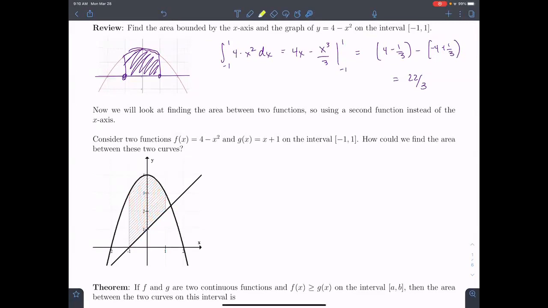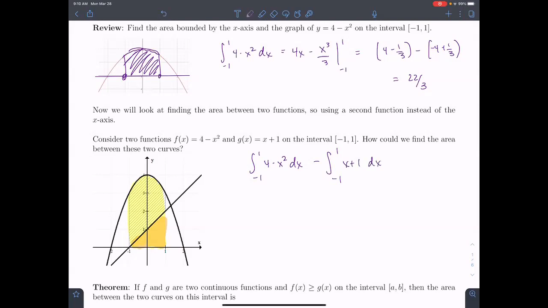So what we're going to do is use the fact that the integral gives us the area between the x-axis and the curve. So we would have this big area. That would be the integral from -1 to 1 of 4 minus x squared dx. And then we would also have this smaller area here, and we're going to take that away. So minus the integral from -1 to 1 of x plus 1 dx.